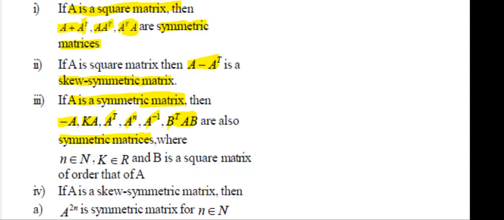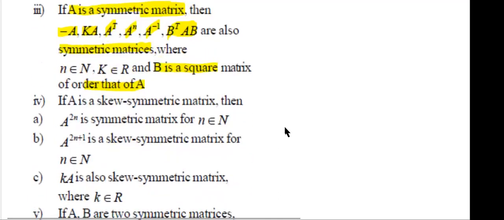Here A power minus 1 is what we call the inverse of a matrix. B transpose AB is also symmetric. Here B is a square matrix of the same order as A. A and B have the same order.